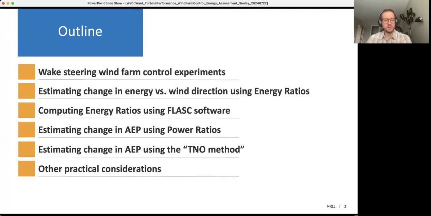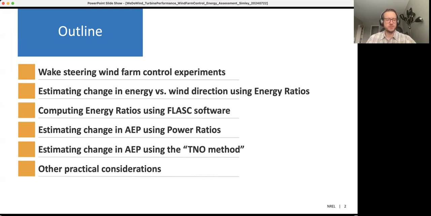The next step is to estimate the change in annual energy production. I'll talk about that, and also about an alternative method that was published by TNO in the Netherlands, and then a slide on some other considerations when estimating the energy gain from wind farm control.